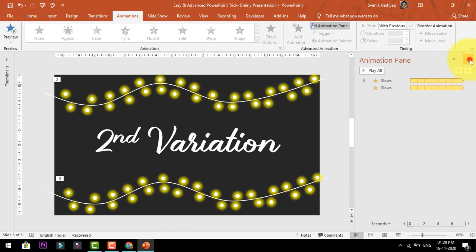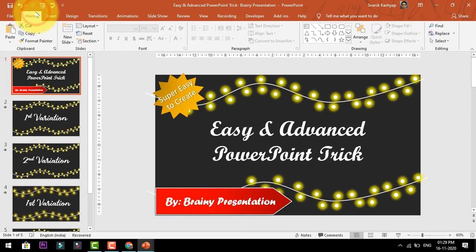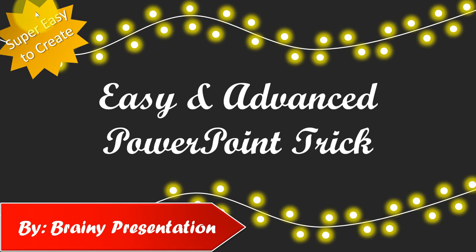So that's for today only. In this video I have shown you only two variations because the time is not allowing us. Once you have understood these two animations, you can add multiple colors to your glows, and you can actually do wonders with your PowerPoint trick.